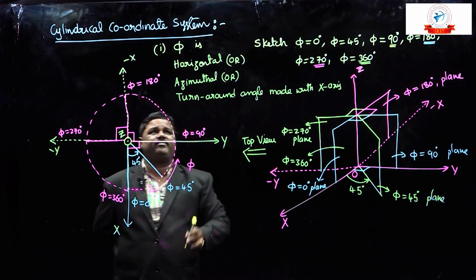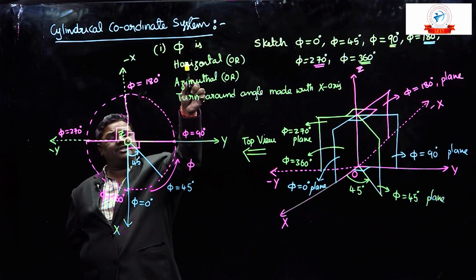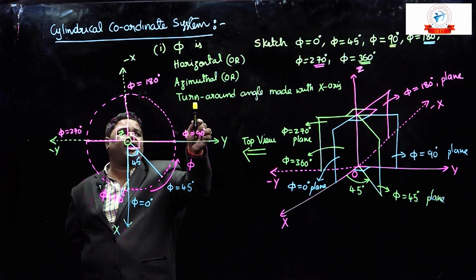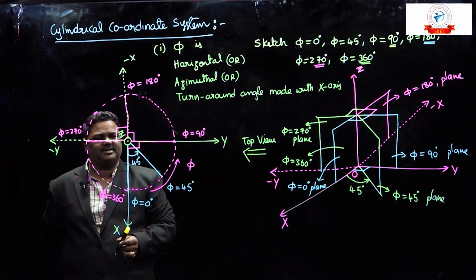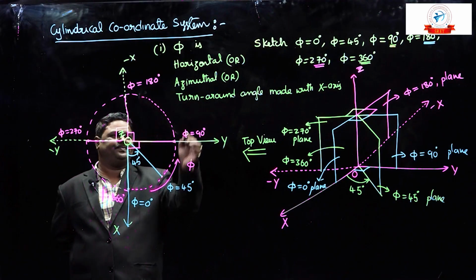Okay. Simply phi is nothing but horizontal. It is also called as azimuthal or turnaround angle made with x-axis. Okay. Second point.